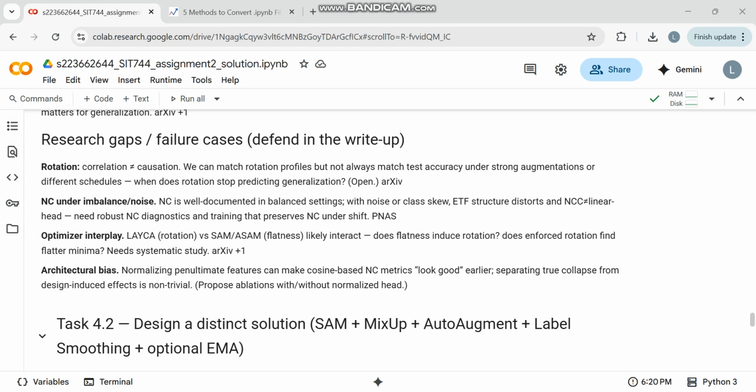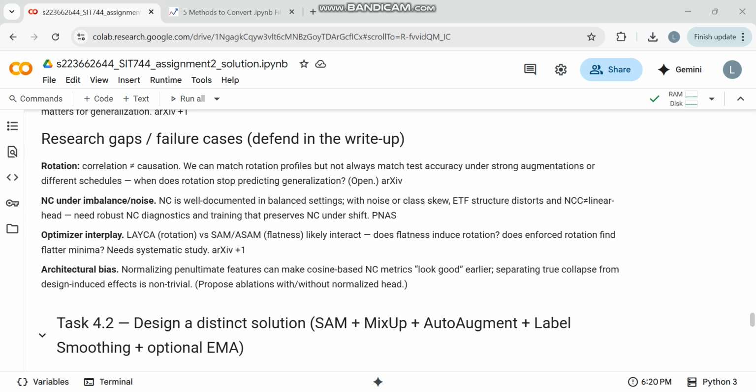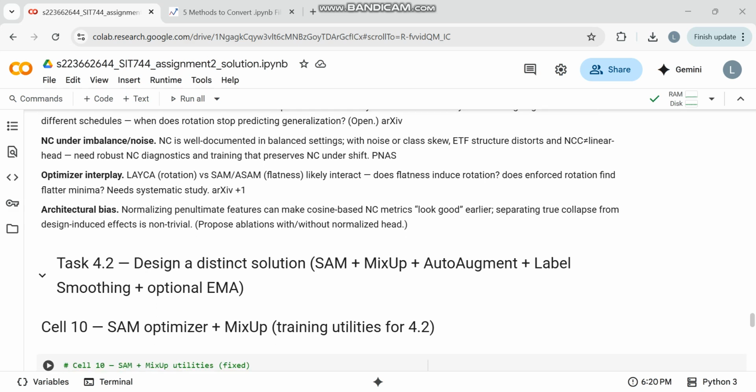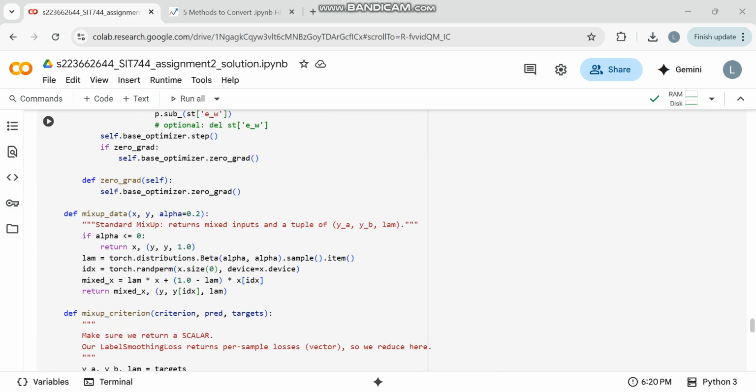Fourth, scaling and dynamics: how do these findings transfer to deeper nets and larger datasets? Use CIFAR-100 and Tiny ImageNet, track NC early versus late, and test whether NC can guide early stopping or LR schedules. So these were all the things that were there.